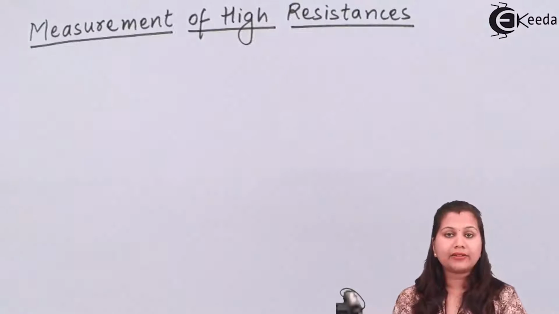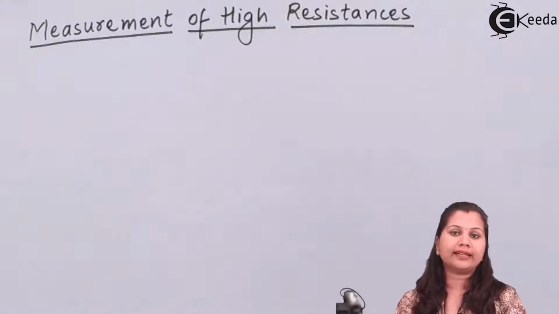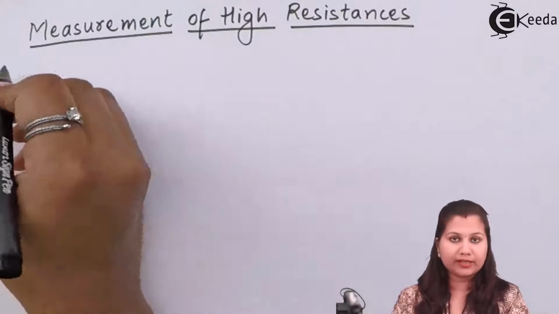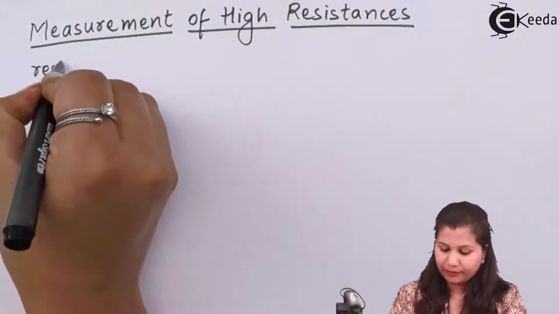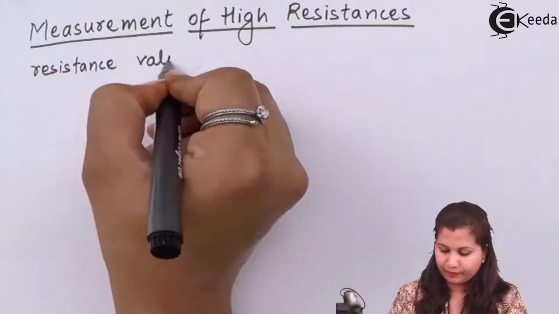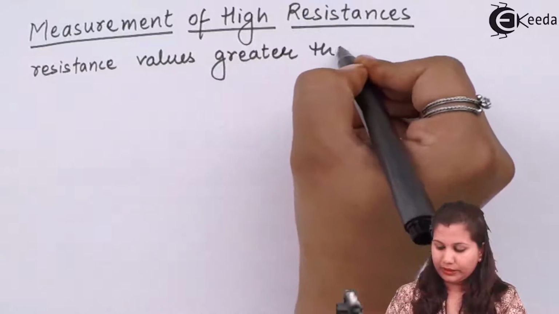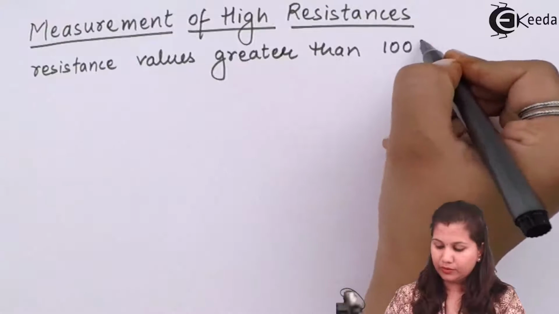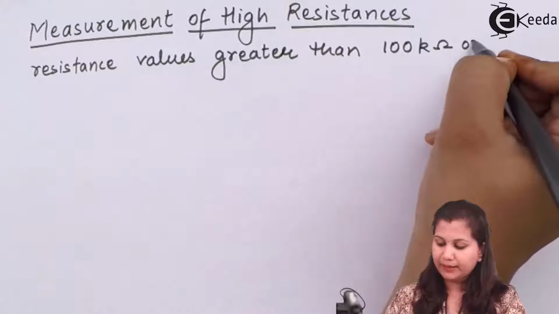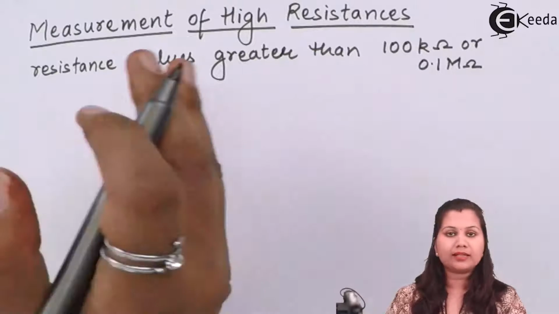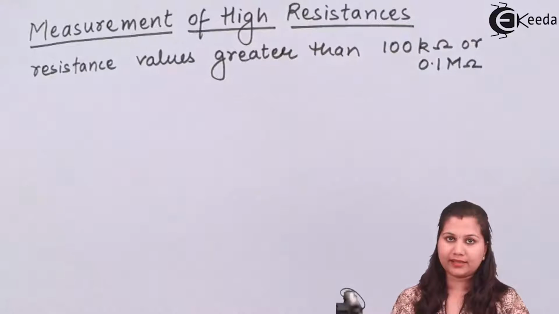I said that high resistances are those resistances which are greater than 100 kilo ohms. So we can say that resistance values greater than 0.1 mega ohm are termed as high resistances.